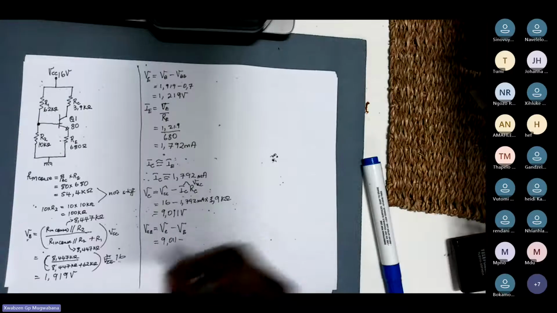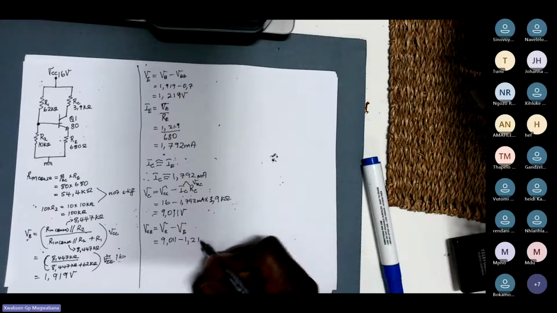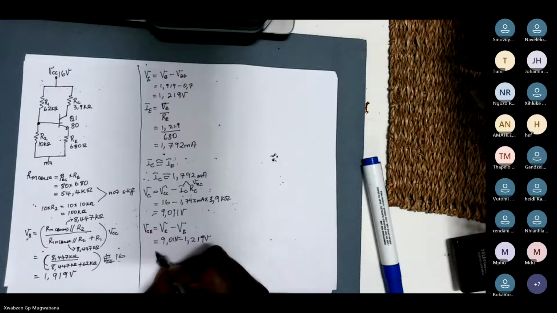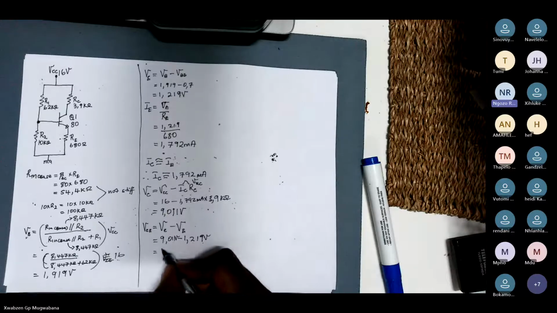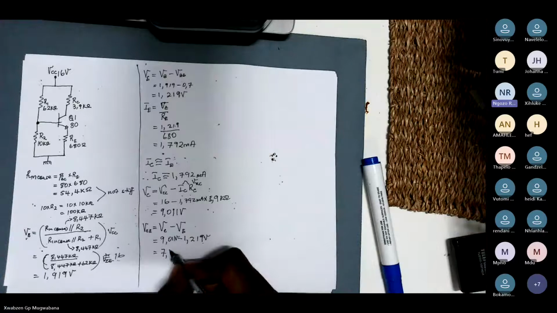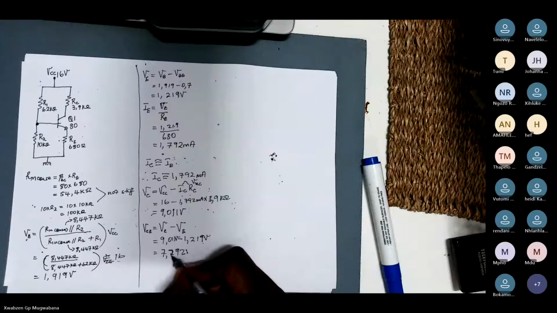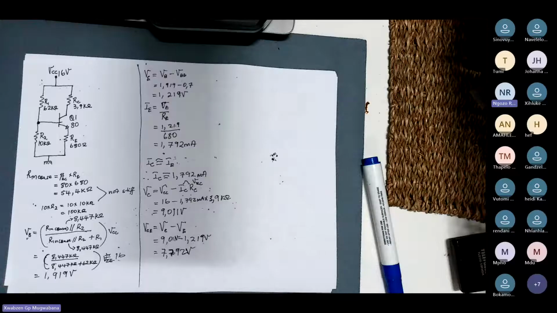What is my VE? It is 1.219 volts, which gives me 7.792 volts.